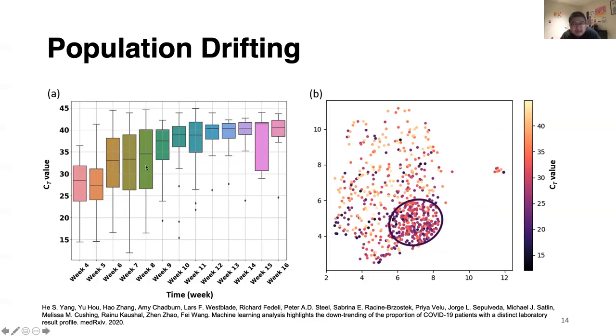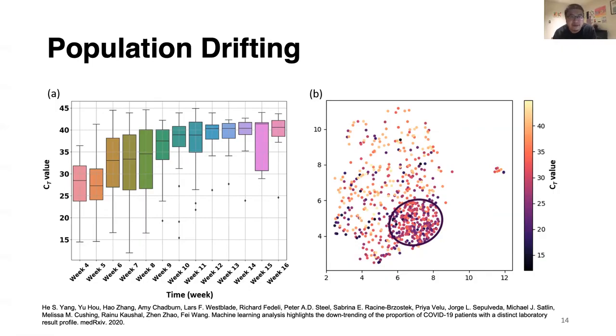As you can see, over time there are some changes in the patterns of the CT values. This is the UMAP embedding of all the positive patients from March to June. We embed them using their lab test profiles, and we color them according to their corresponding CT values.